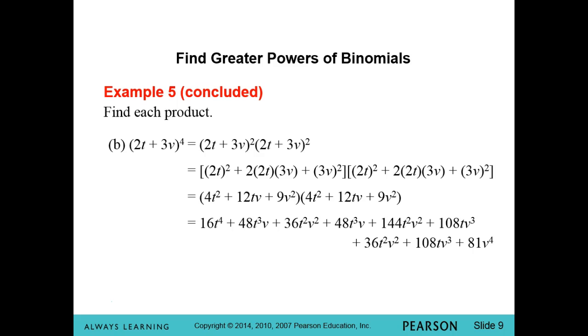Then the second times each of those, these two will be that one, these two will be that one, and these two will be that one. And then the third one, 9V squared times this will be 36 T squared V squared. These two will be 108 TV cubed, and these two will be 81 V fourth. Boy, they really cheated there, didn't they?